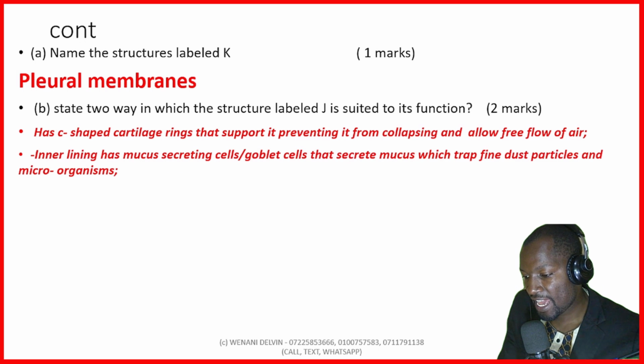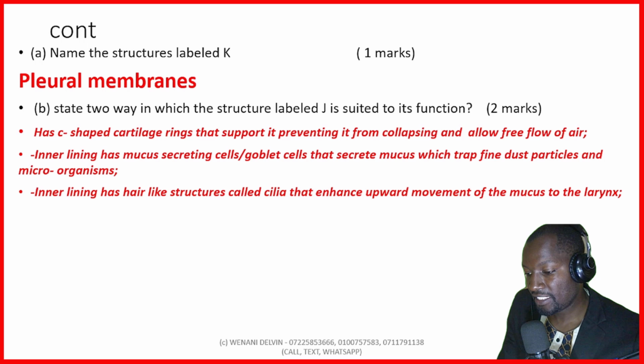Its inner lining has mucus secreting cells, we call them goblet cells, that secrete mucus, which traps fine dust particles and microorganisms. Its inner lining has hair-like structures called cilia that enhance upward movement of the mucus to the larynx.